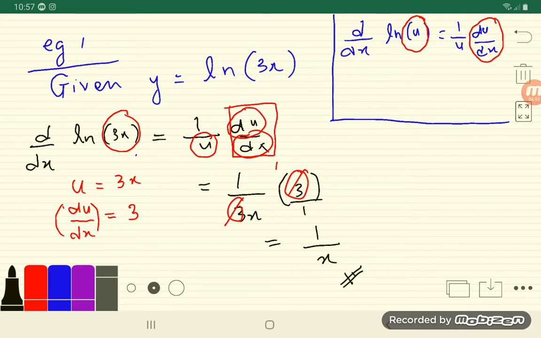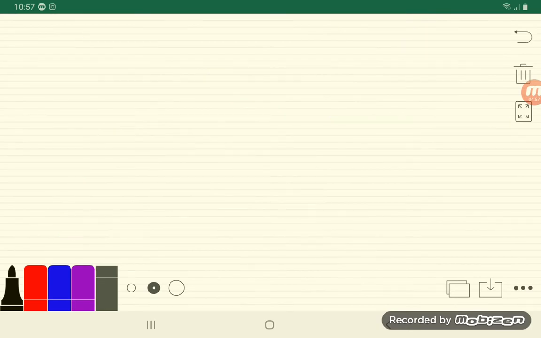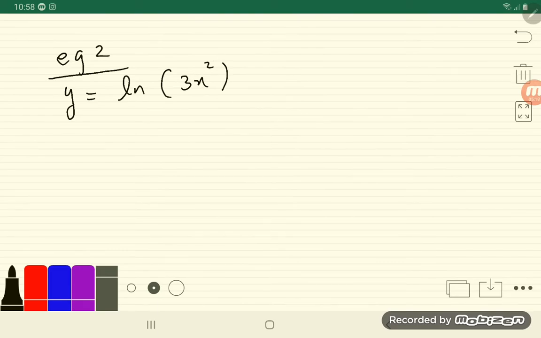Okay, you can try another example here. Let's see, here we deal with example number 2. Let's say the given equation here is y equals ln 3x, still the same thing, but I put here a power of 2.